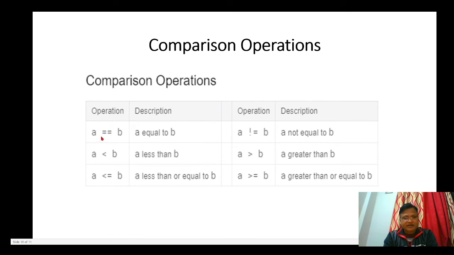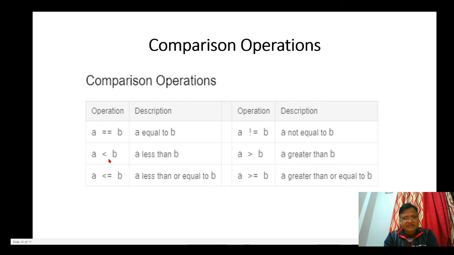If we are dealing with equality of two variable values, we will use double equal to. Here be careful, single equal to we will use whenever we want to store the right side value in the left hand side variable, and whenever we need to perform comparison, we will always use the double equal to symbol.